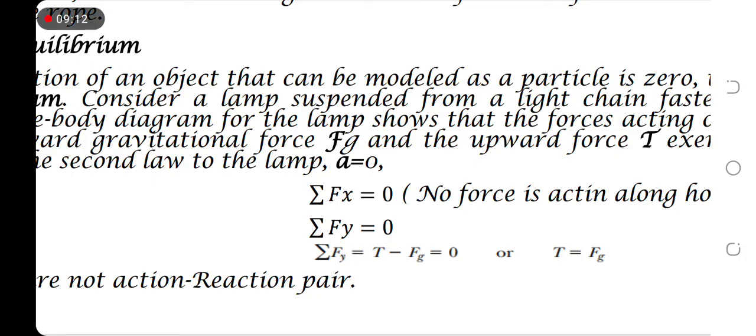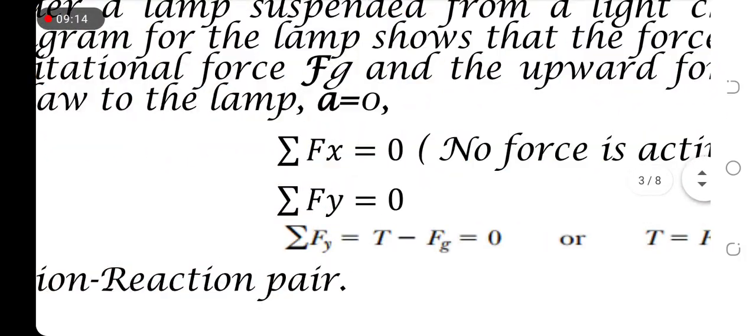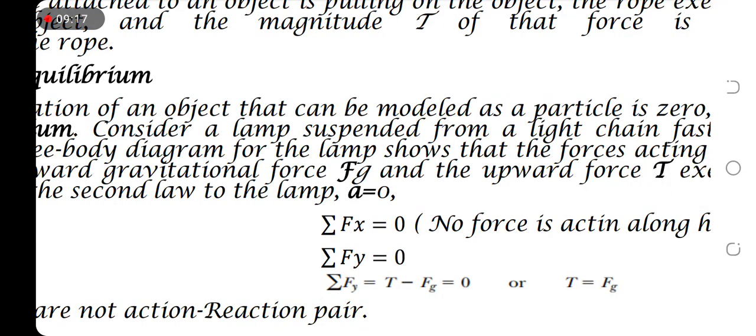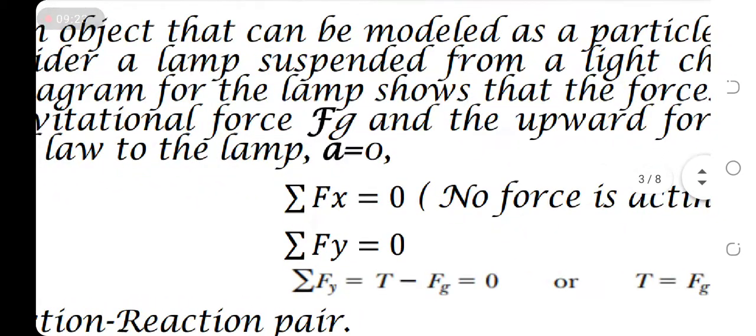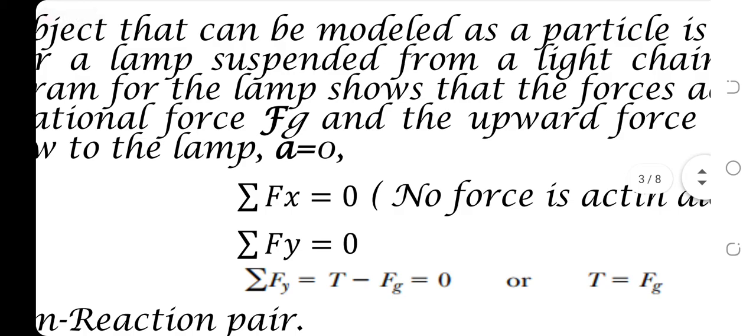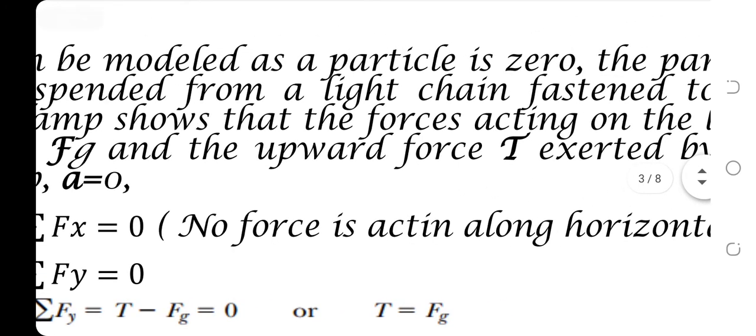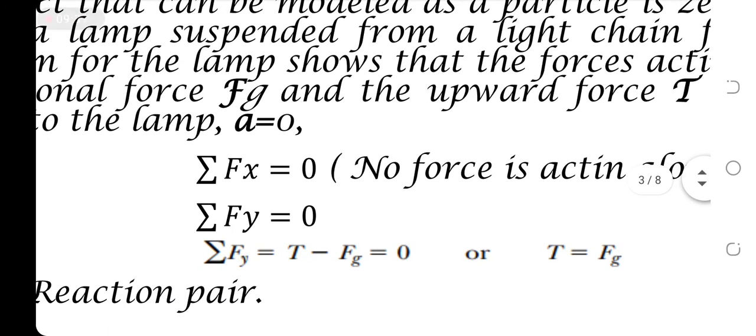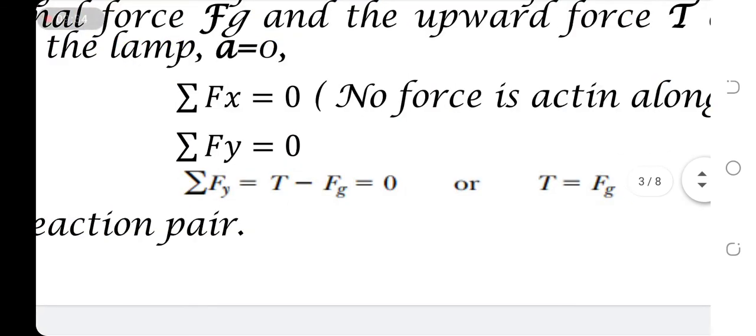Since acceleration is zero, we can apply Newton's second law. These forces are only in the vertical direction, so sigma Fx will be zero because no force is acting along the horizontal. The other part of the equilibrium condition is sigma Fy equal to zero.